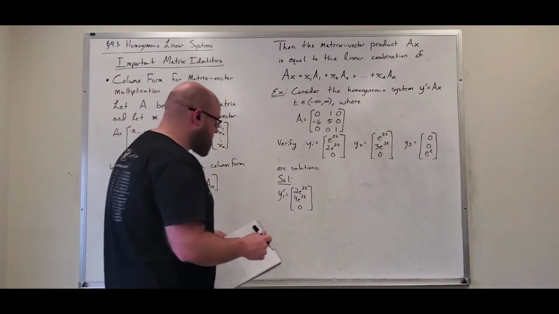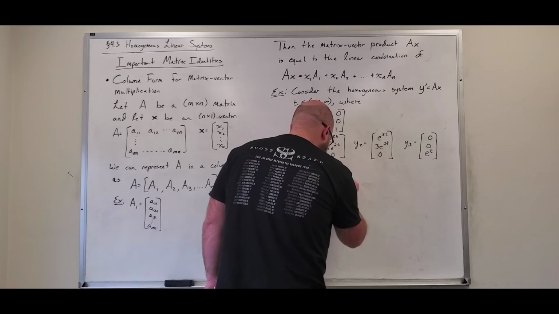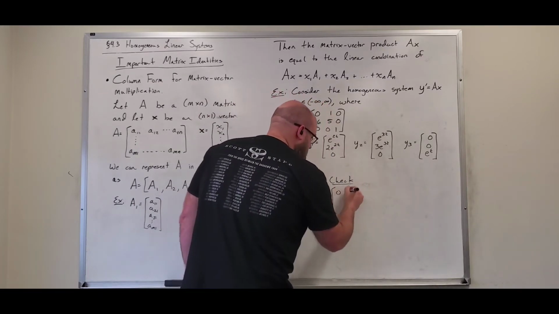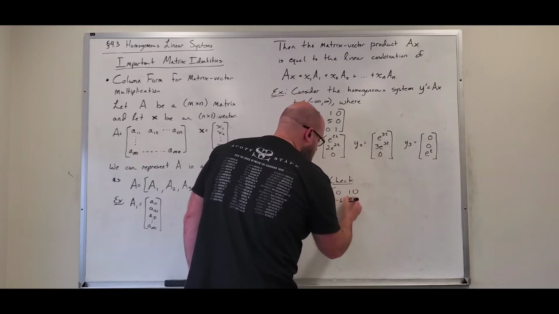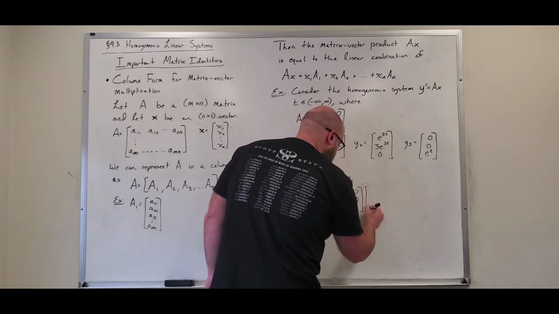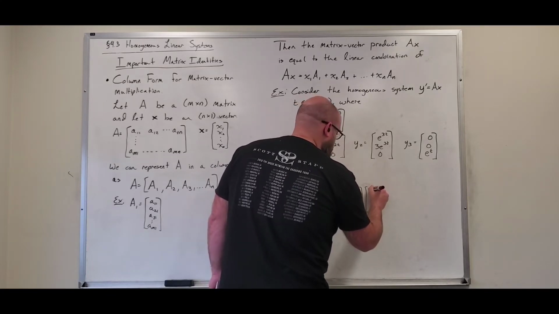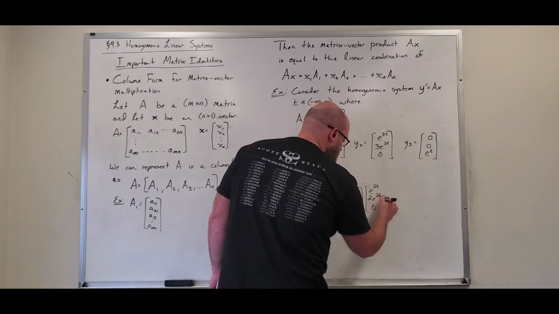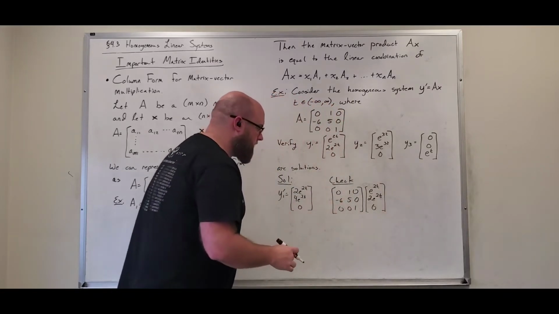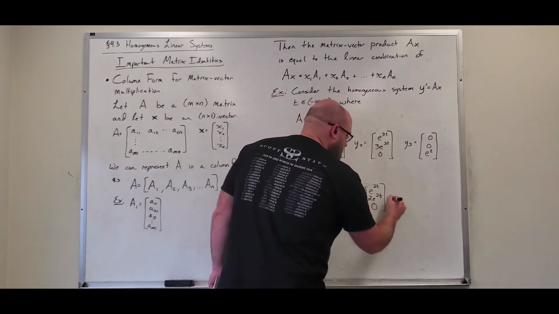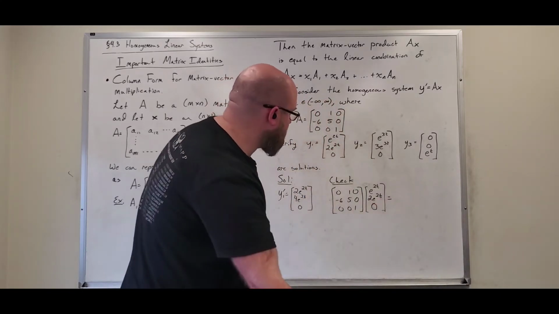So to check that, here's our check. We have 0, 1, 0, negative 6, 5, 0, and 0, 0, 1. We're going to multiply it by this matrix of e to the 2t, 2e to the 2t, and 0. And that's a 0, not a 6, so let me fix that. Let's go through this multiplication process together.